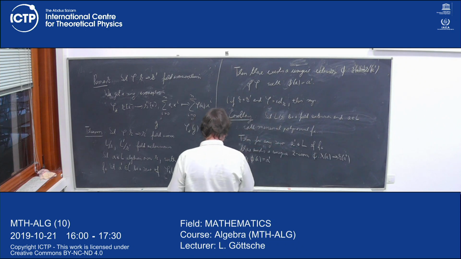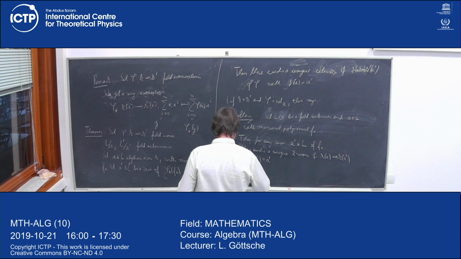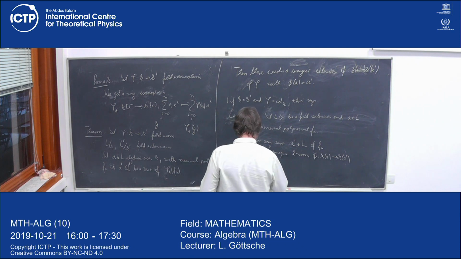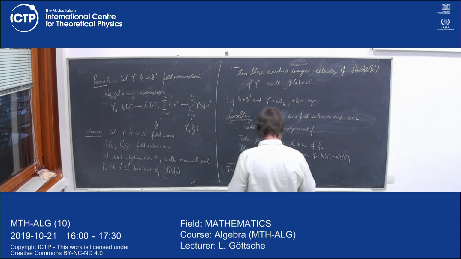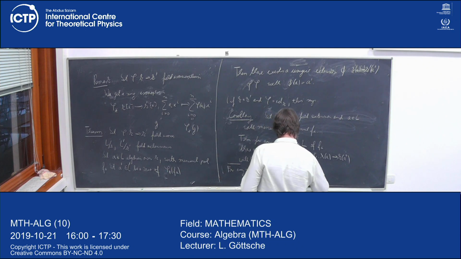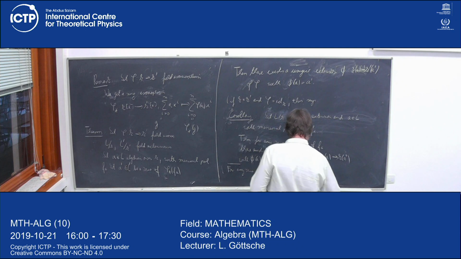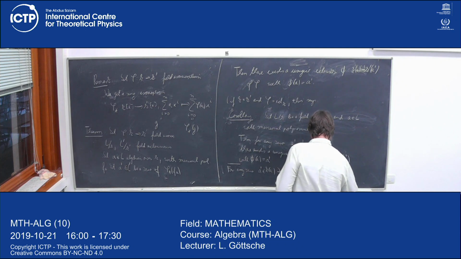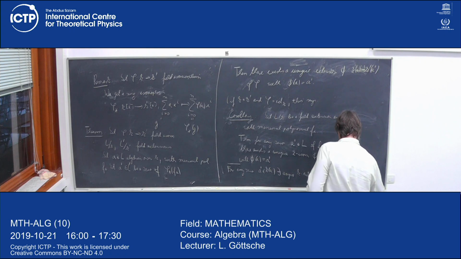So it also follows for any nonzero A prime in Ka there exists a unique K automorphism phi from Ka with phi of A equal to A prime.